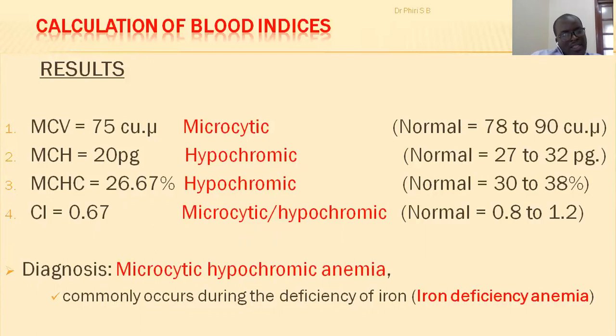So the tentative diagnosis now will be microcytic hypochromic anemia, which commonly occurs during iron deficiency. So we have iron deficiency anemia. We are good to conclude that this patient is suffering from microcytic hypochromic anemia, for example iron deficiency anemia.